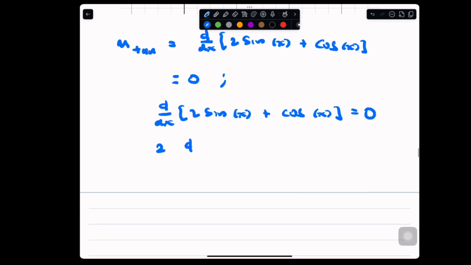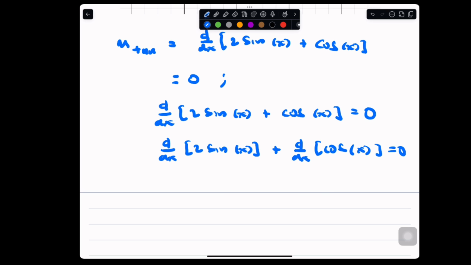So by properties again of derivatives, all right, let's do every detail here. Derivative of a sum, I sent you guys that proof this weekend. 2 sine x plus the derivative of cosine x equals 0. And then pull out your constant.